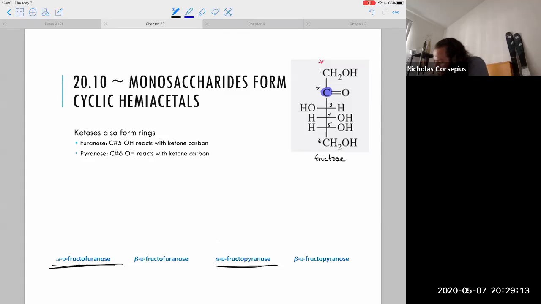You can either have the OH group on carbon 5 reacting, so that would form a furanose, or the OH group on carbon 6 reacting, that would form your pyranose.